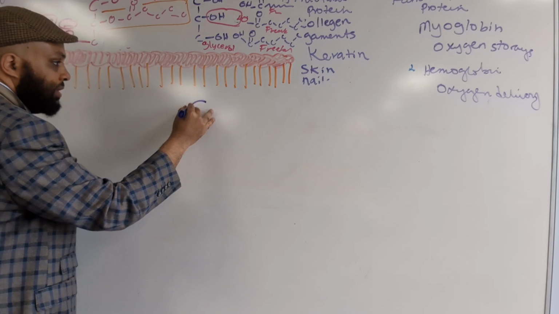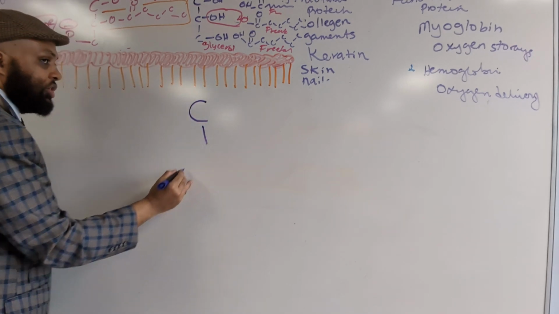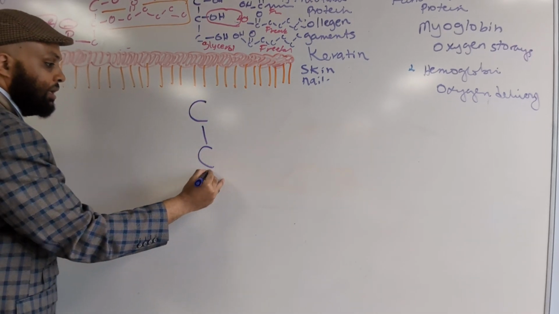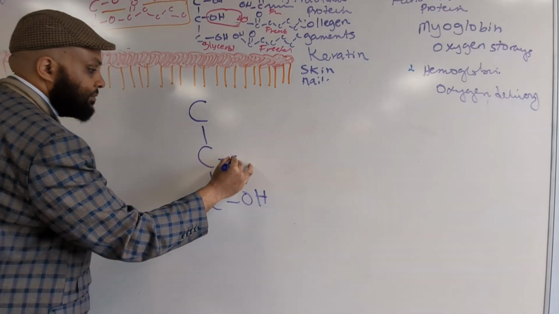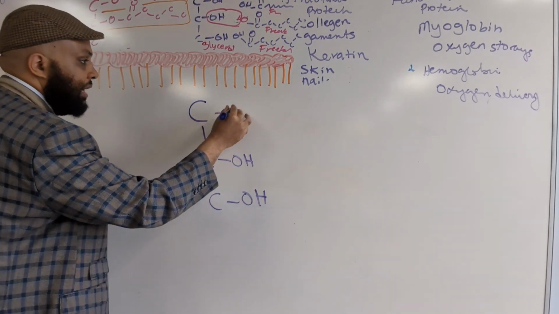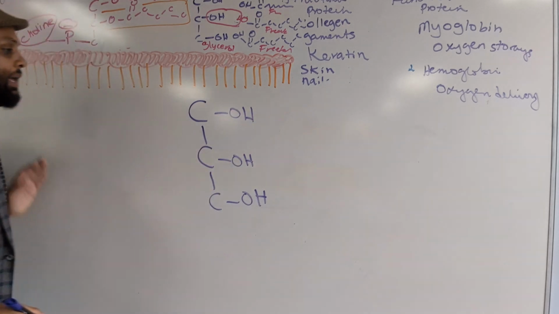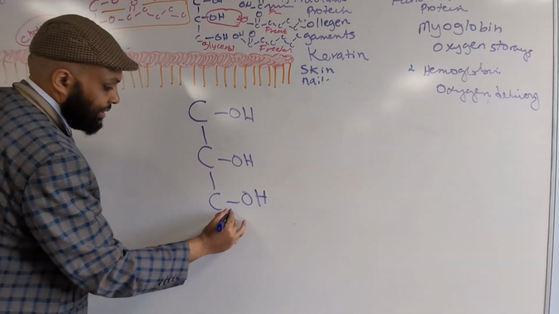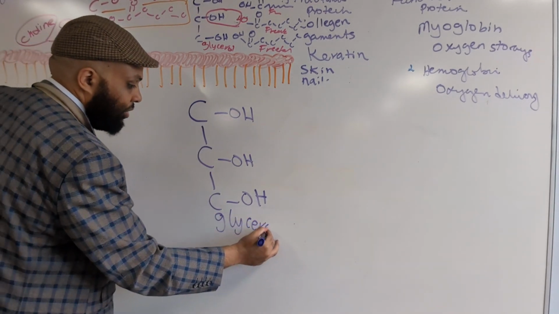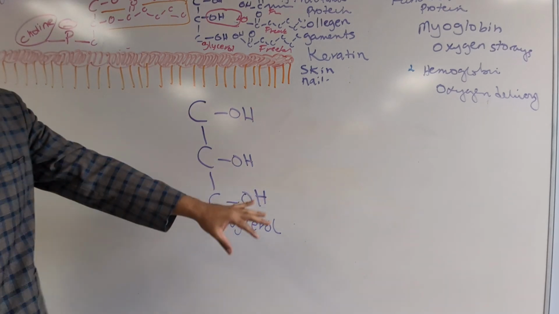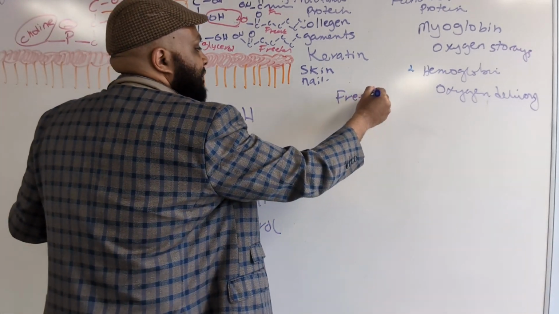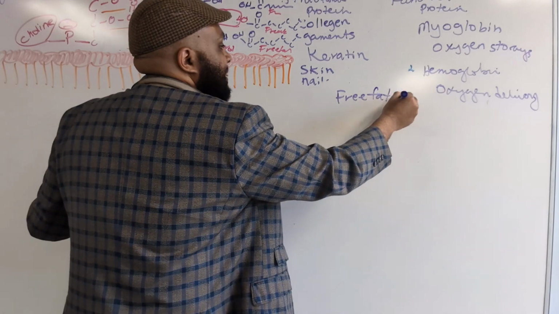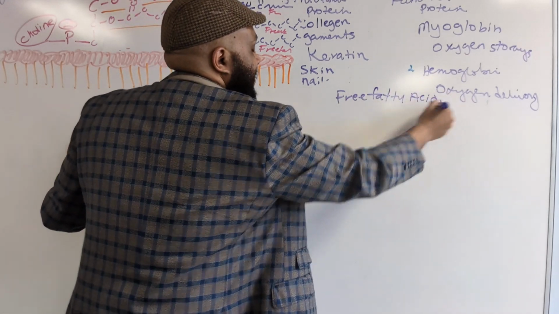That's a glycerol. You cannot call that a sugar. It's a glycerol with 3 carbons and an OH, an OH, and an OH. On the other side, you will have your free fatty acids. You will have 3 free fatty acids.